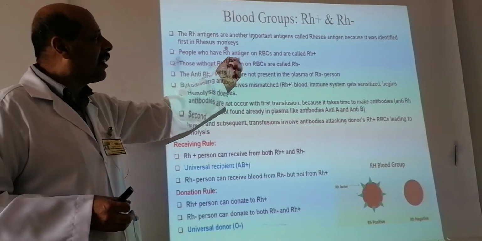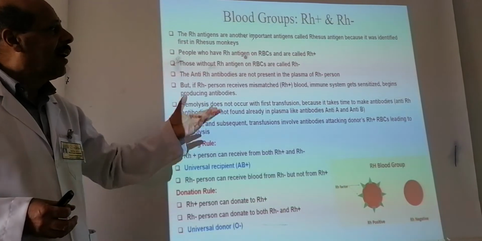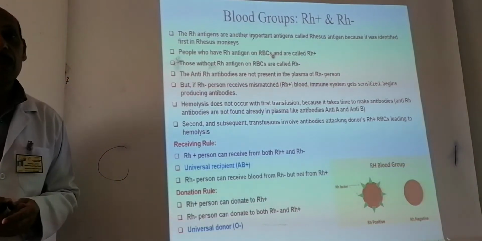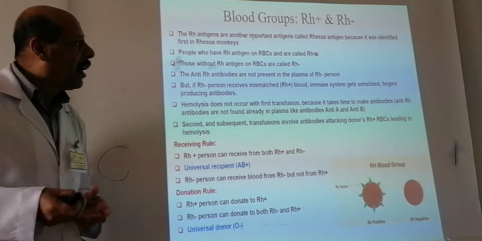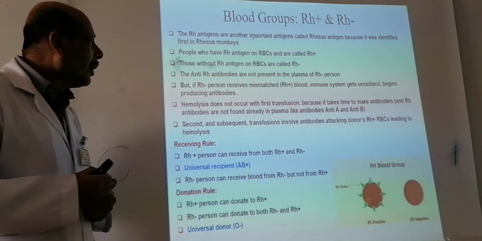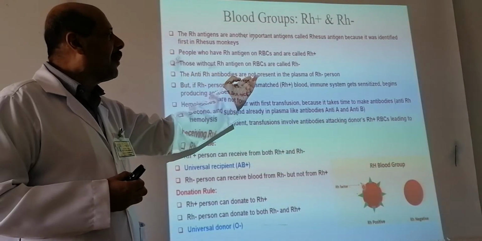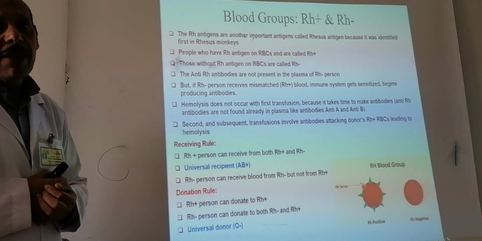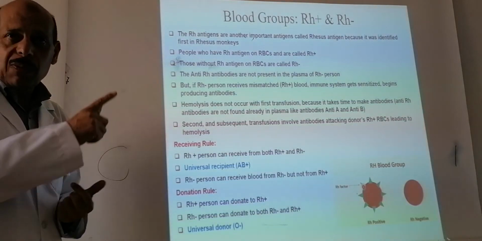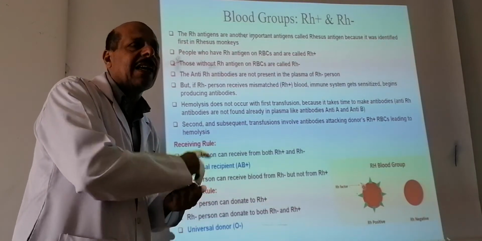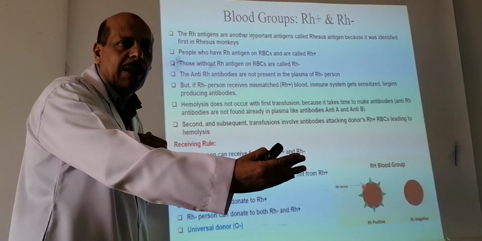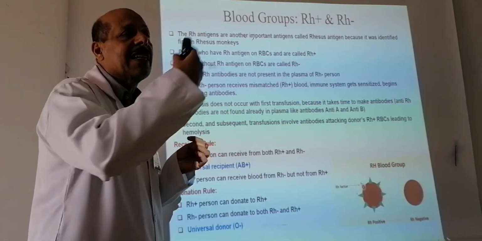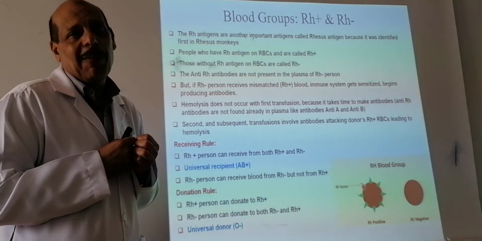People who have the RH antigen on their RBC are called RH positive, and those without the RH or rhesus factor are called RH negative. The anti-RH antibody is not present in the plasma of those who are positive. If the antigen is in the cell, as with the blood group, there is no antibody in the plasma. If there is no antigen in the cell, the antibody will be in the plasma.